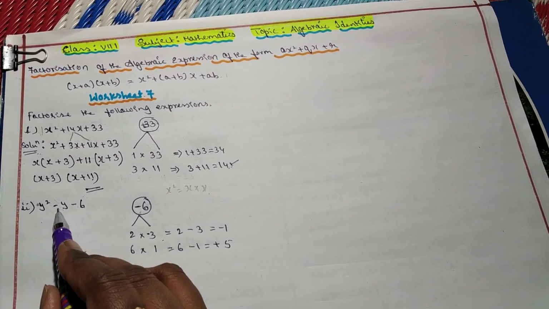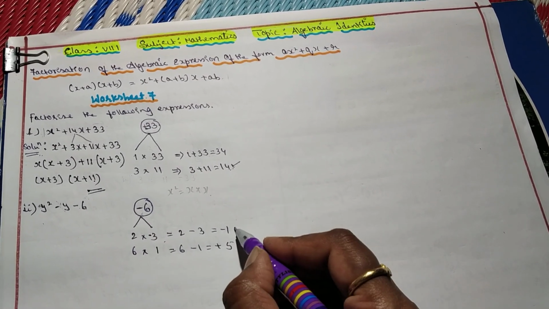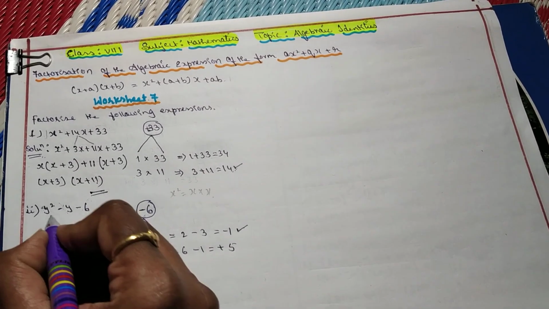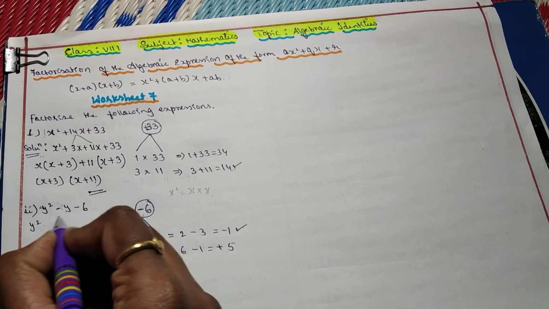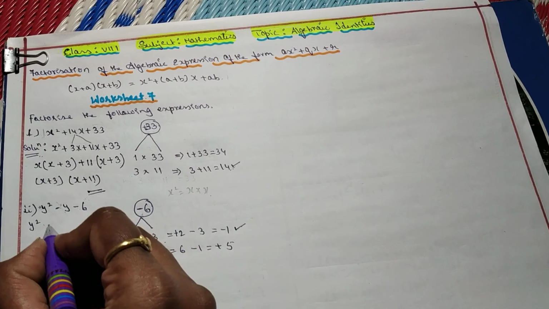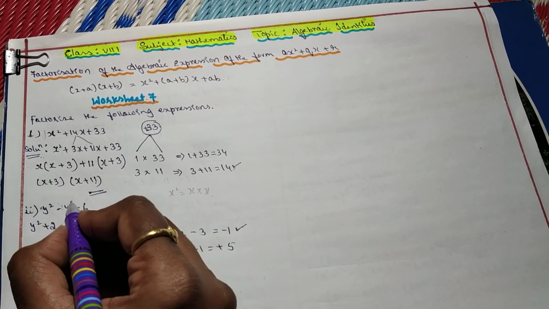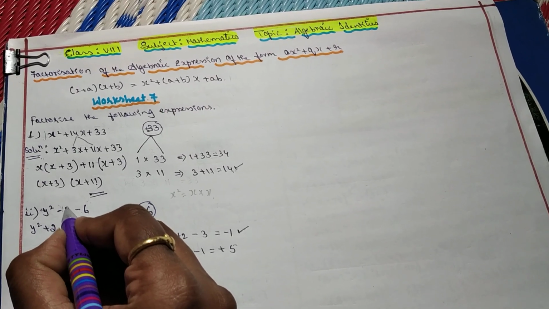What do we have in the middle? We have −1, right? So y² − 1y will be written as, if anything is not there, there is plus, so +2y − 3y. Here, children, we write the same variable we have in the middle.